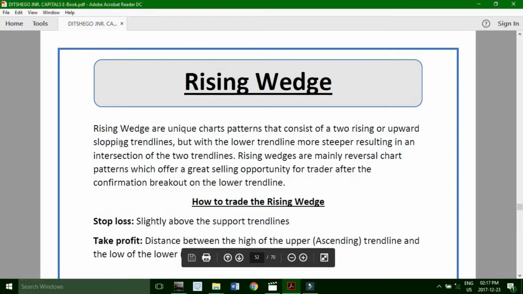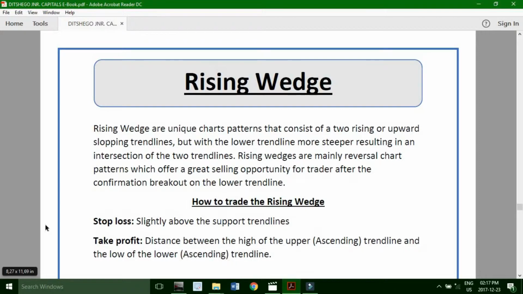Rising wedges are a unique chart pattern that consists of two rising, or upward sloping, trend lines, but with the lower trend line steeper, resulting in an intersection of the two trend lines. Rising wedges are mainly reversal chart patterns, which offer greater selling opportunities for traders after the confirmation breakout on the lower trend line.